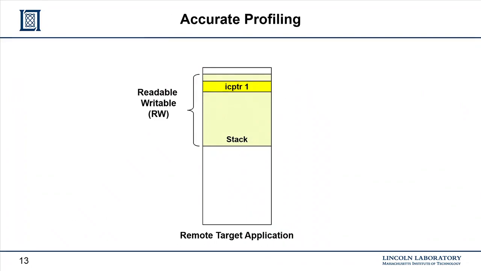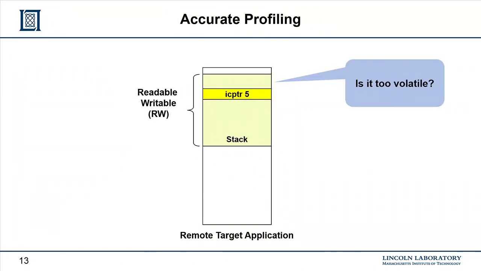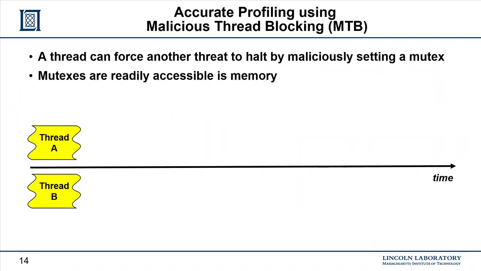Now, you might ask, okay, in a running application, you want to identify a pointer on the stack. These things change very rapidly. Can we accurately identify which code pointer is stored at what stack location? Is this too volatile? In fact, we have developed a technique called malicious thread blocking that can be used to accurately identify these indirect code pointers.